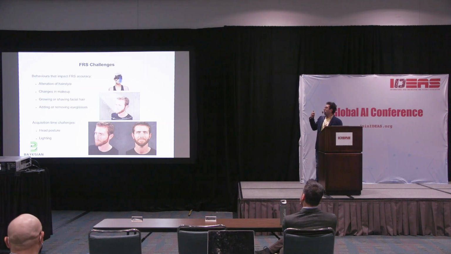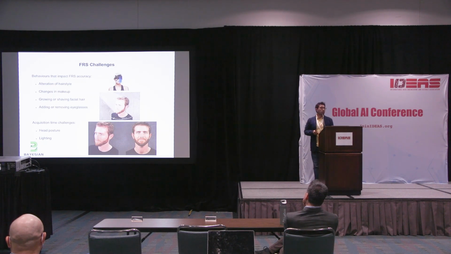There are also some other phenomena that can just change the accuracy of the model. It's based on acquisition. For example, if the posture of the head position is different, it can make a difference. Or if the lighting is different in different scenarios, it can also change the way that the model has learned.